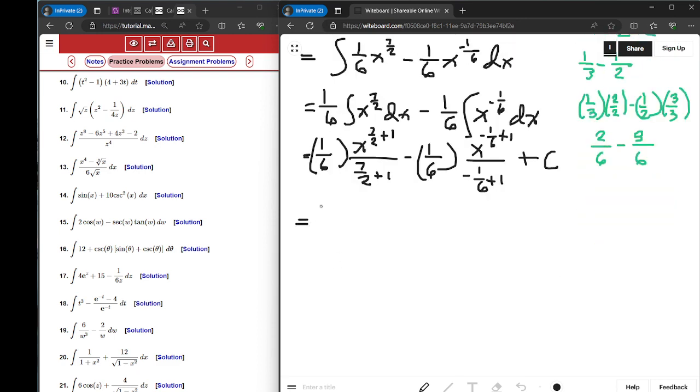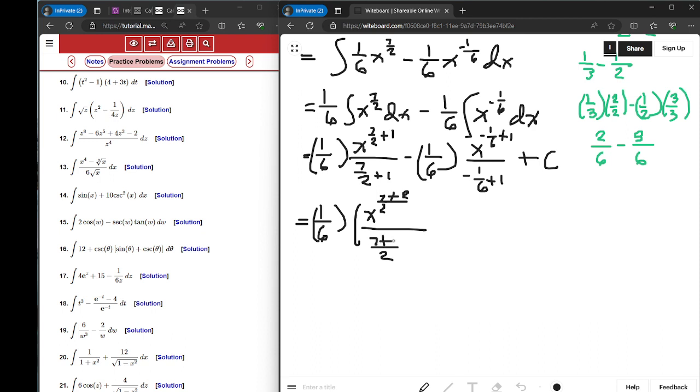And this will become 1 over 6 times, 7 over 2 plus 1. So that's x to the 7 over 2 plus 2 over 2.